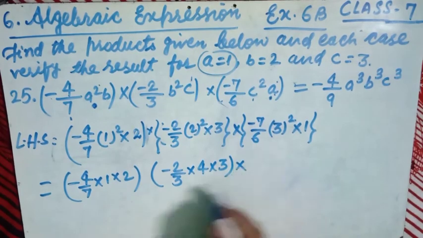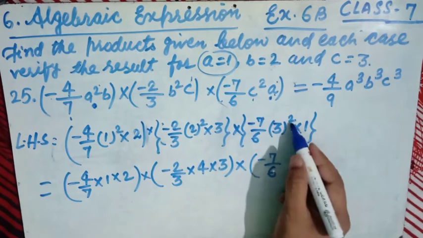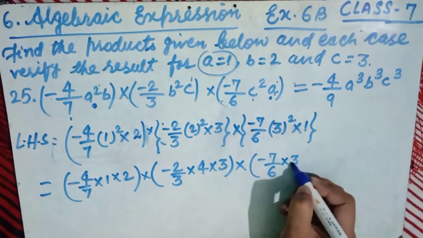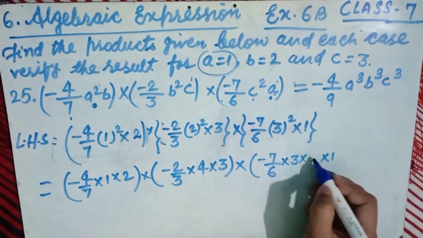Now the product minus 7 by 6 as it is. Now 3 squared means 3 times 3, and here is the 1.